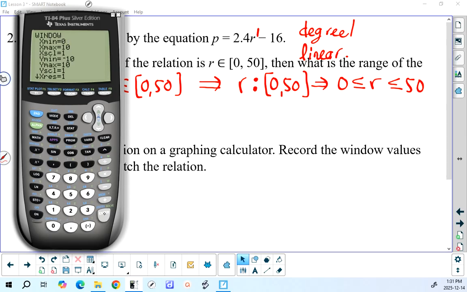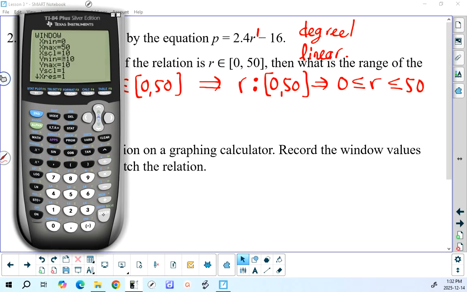So I'm going to put 0 for X min, 50 for X max, and X scale is where the calculator puts a little mark on the graph. I'm going to put the number 10, which means when we look at the graph, we will see X from 0 to 50, marked off in increments of 10. Now, we don't know what the Y values are.